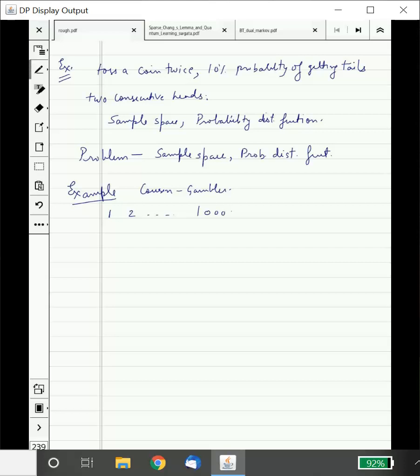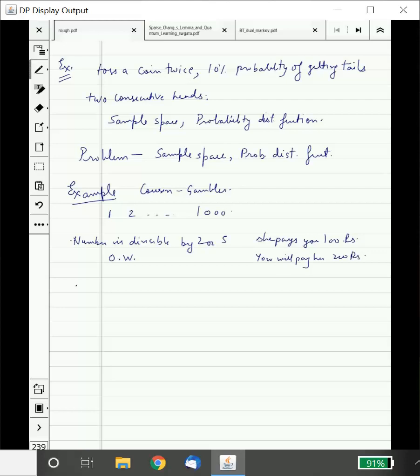If the number is divisible by 2 or 5, then you win. That means she pays you 100 rupees. On the other hand, if the number is not divisible by 2 or 5, then you will pay her 200 rupees.